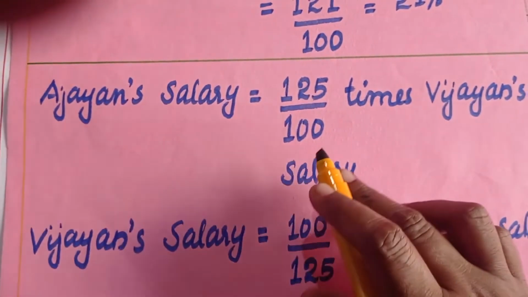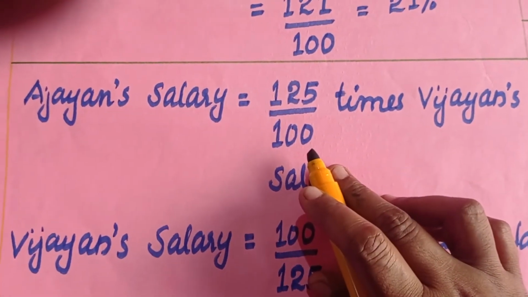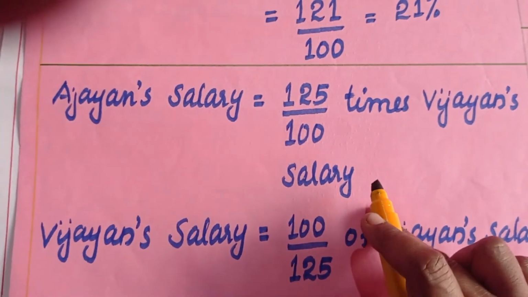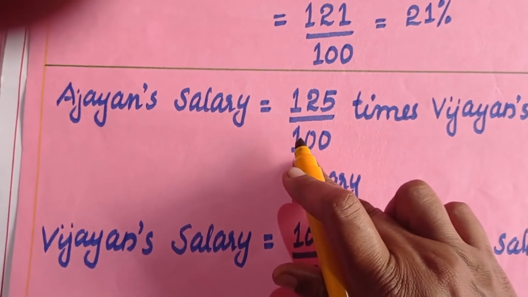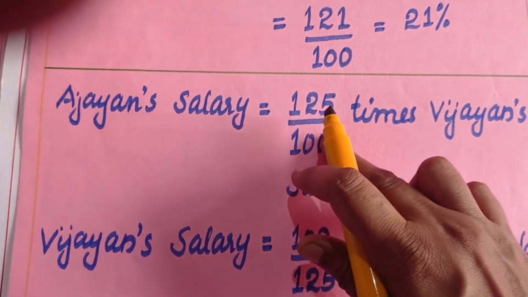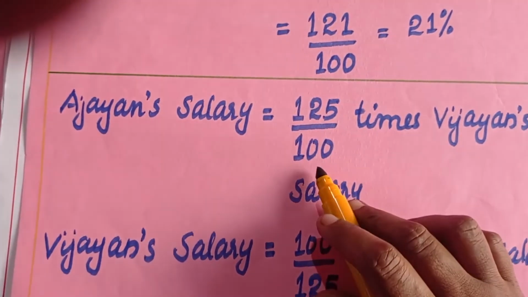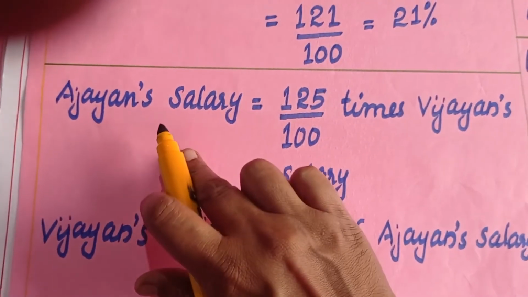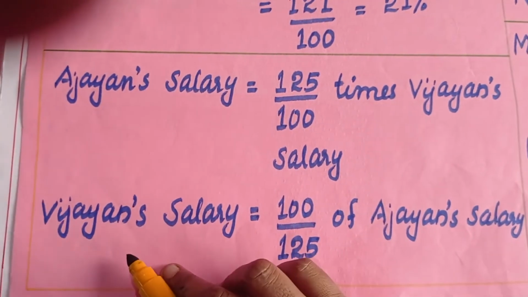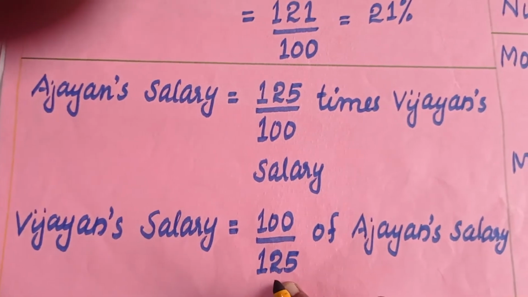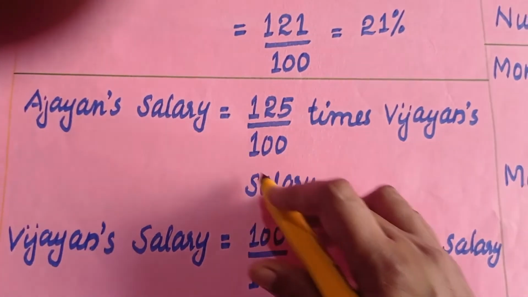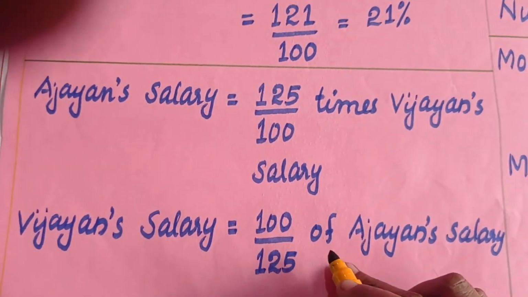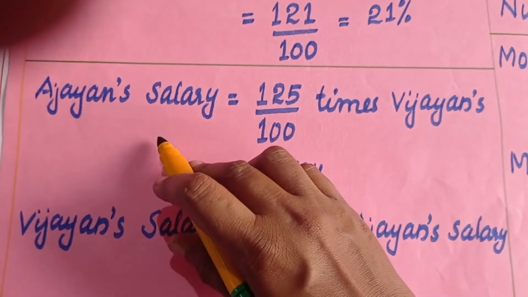Ajay's salary is 125 by 100 times Vijay's salary. 25% more means 100 plus 25, 125 by 100 times Vijay's salary. That is Ajay's salary. Then Vijay's salary is the reciprocal, that is 100 by 125 of Ajay's salary.